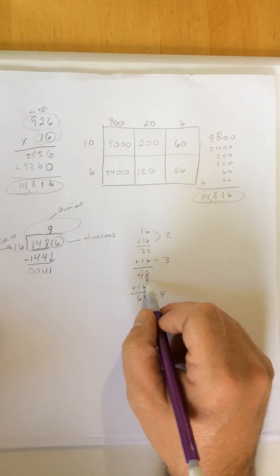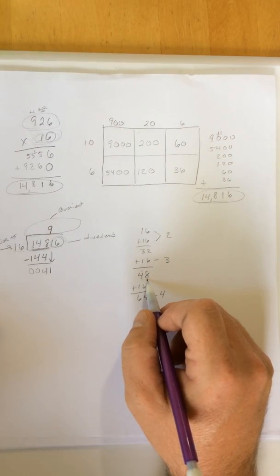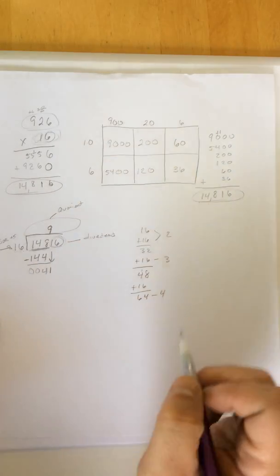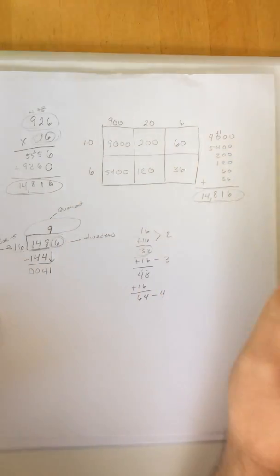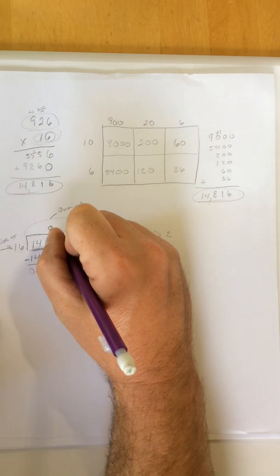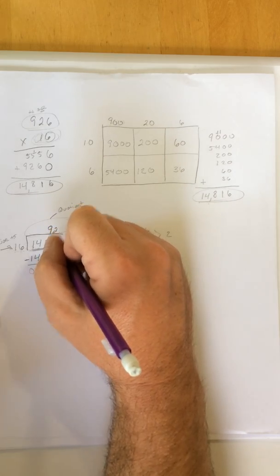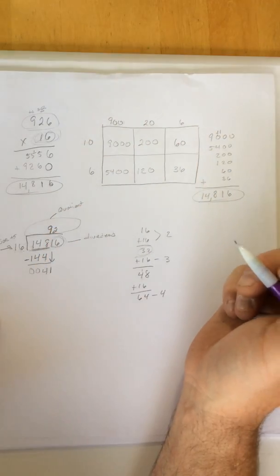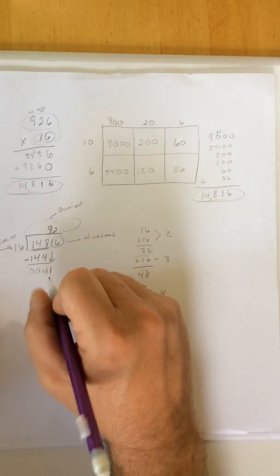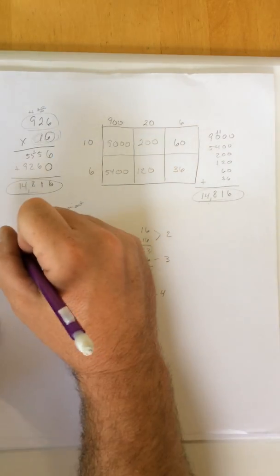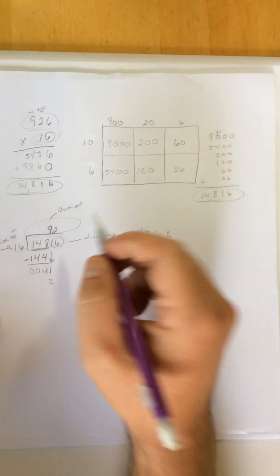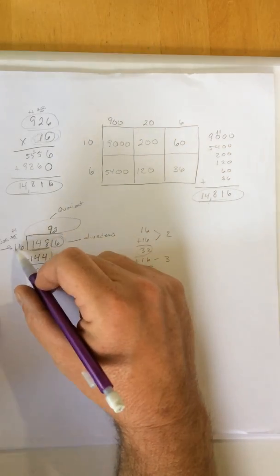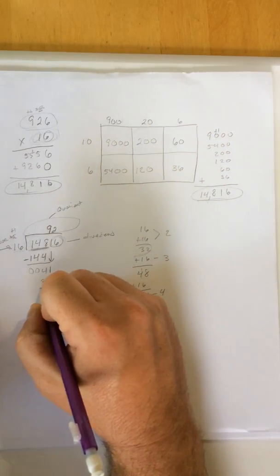Well, 48 is too many, so we've got to stay at a number less than 41. That only leaves us with 32 as an option. So I'm going to put my 2 up here above the 1 because that's the last digit that I'm working with. 2 times 6 is 12. Cross that out. I'm going to put my regroup up there. 2 times 1 is 2, plus 1 is 3, so 32.